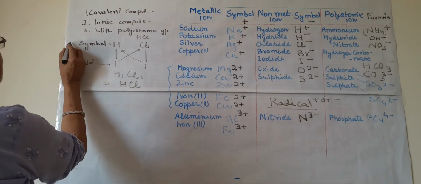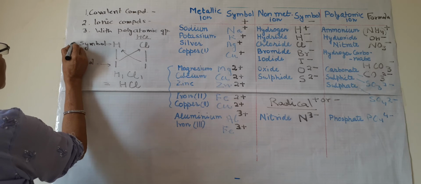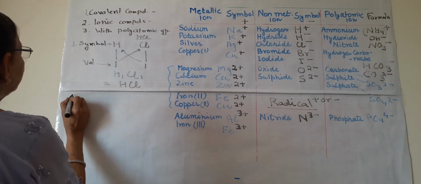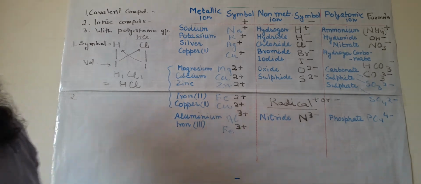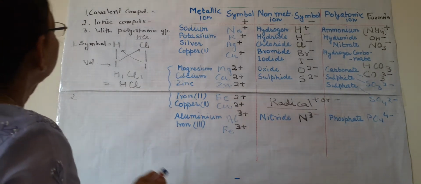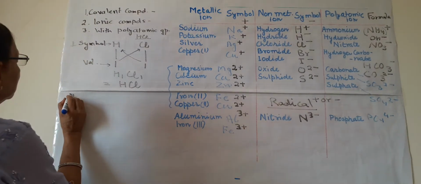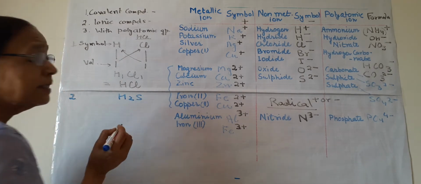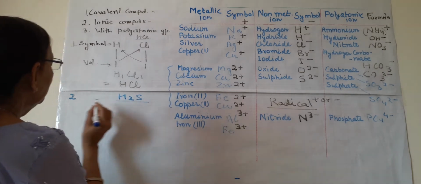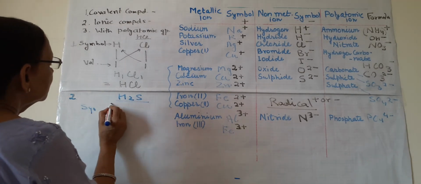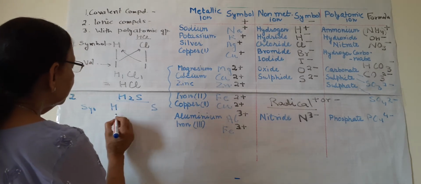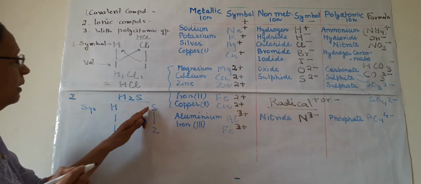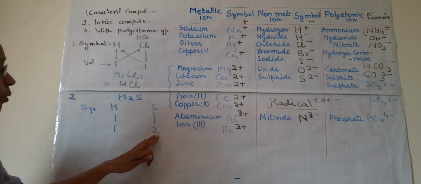Now this is the first. We will write a few. And the second, no pen is working. Second, we write the formula of hydrogen sulfide. How? First we write the symbols. Symbols are H and S, valency 1, valency 2. The valency of sulfide is 2.